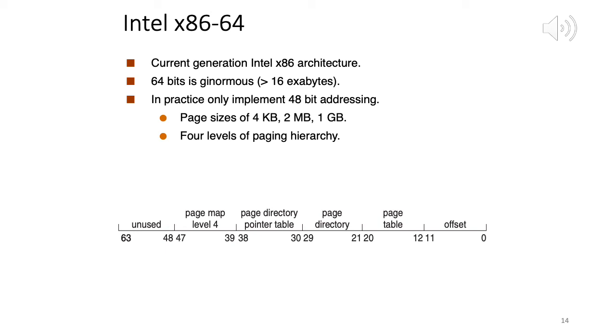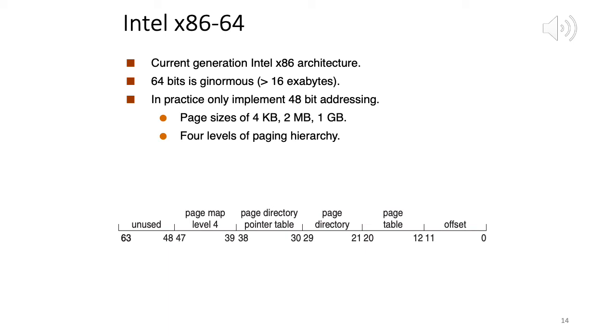And the address for this processor architecture is given here. Here you can see 48 bits are being used. Okay. So offset, as you can see, 12 bits. Then page table, page directory pointer table, page map level 4, and so on. So we have a lot of bits at our disposal here.